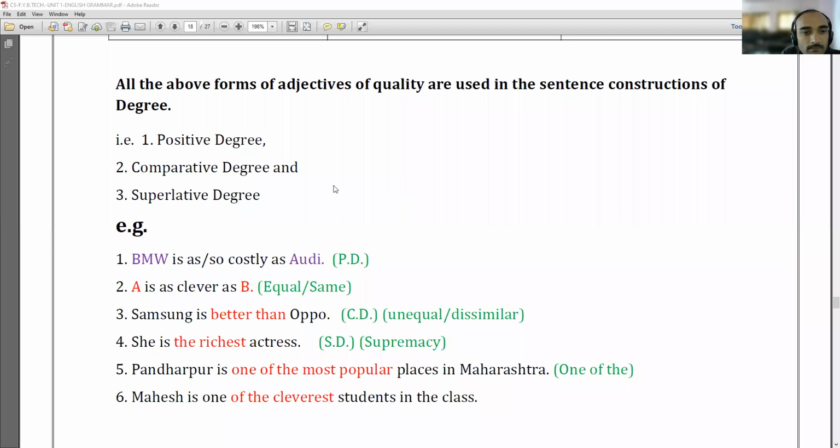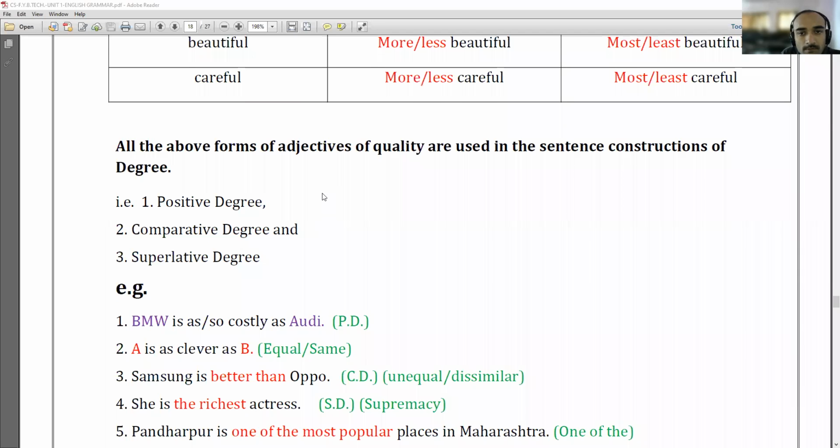Okay. So as 44 students have joined, we'll just start with the lecture. I'm sharing the screen. Please tell me if the screen is visible or not. Is it visible? Yes, sir. Okay.